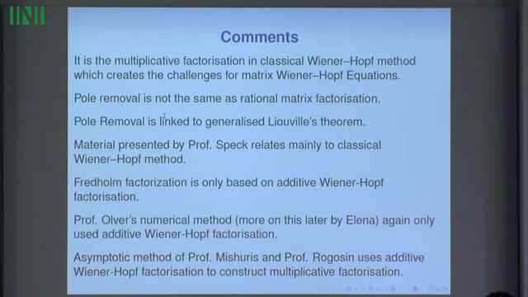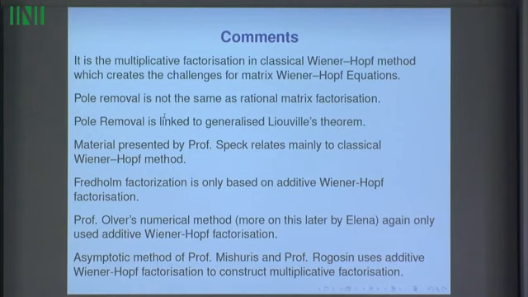Fredholm factorization, which Guido talked about in the previous week, I would say only depends on additive Wiener-Hopf factorization. So in a way, it's more of an approach 2. You only do additive factorization. That's why it doesn't care about whether it's n-dimensional, whether it's a matrix or a scalar. And also Olver's numerical method, which we heard about, again only relies on the additive factorization, and we'll hear another talk later to do with the Wiener-Hopf stuff by Elena, I think on Thursday.